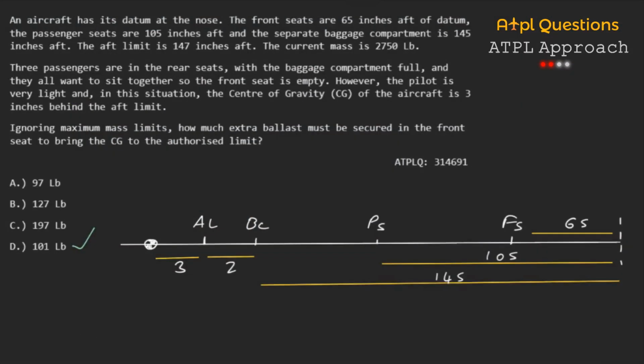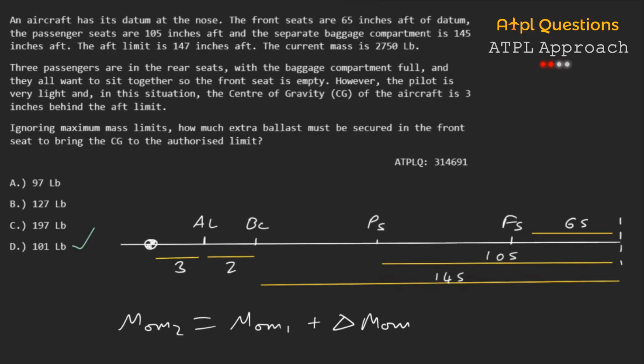Okay, now on to the next method. This is where we use the formula the new moment, which I'll call mom2, is equal to the old moment, which I'll call mom1, plus the change in moment, which I'll call change mom. This formula here we can use for repositioning mass as well as adding or subtracting mass.